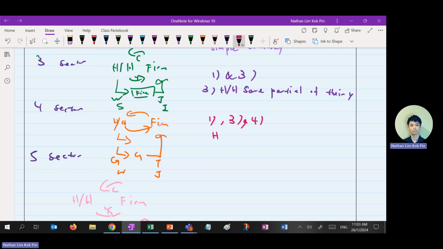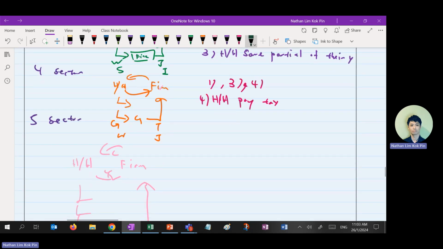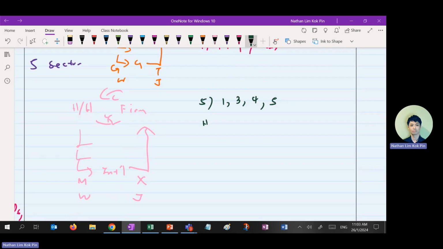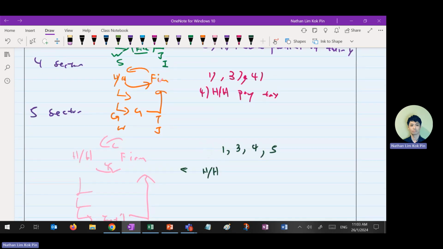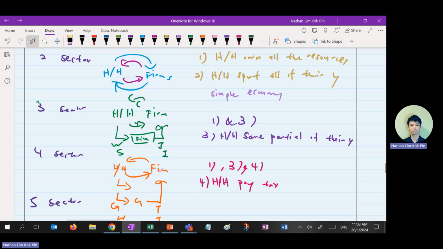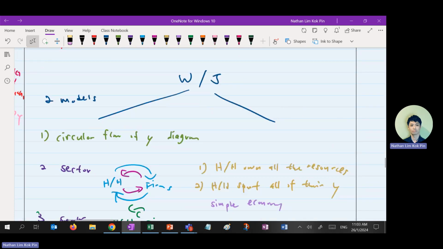Number 4 is households pay tax. And 5 sector, you have 1, 3, 4, 5. Number 5 is households buy imports. All right, so this is the first model that we covered in chapter 1.